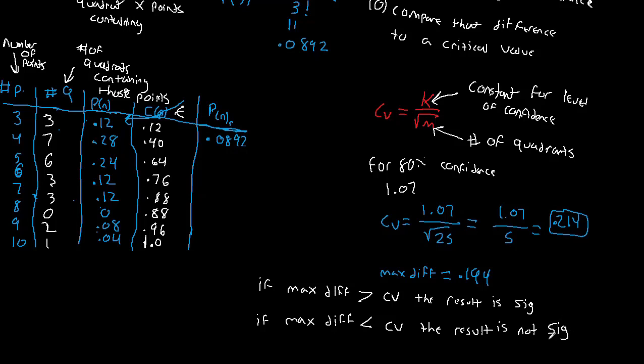So again, in this particular case, 0.214 was our calculated critical value at 80% confidence. Our maximum difference was 0.194. So because the max difference was less than the critical value, we would say that this result is not significant at the 80% confidence level.